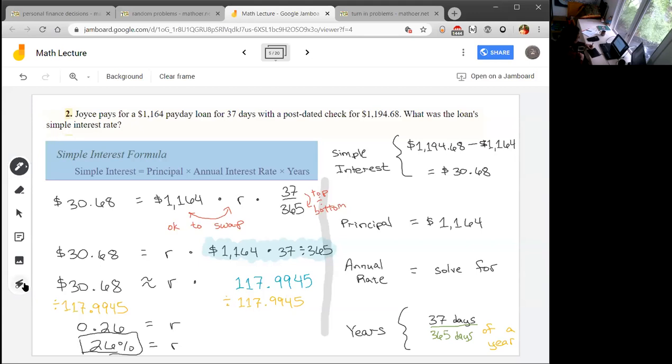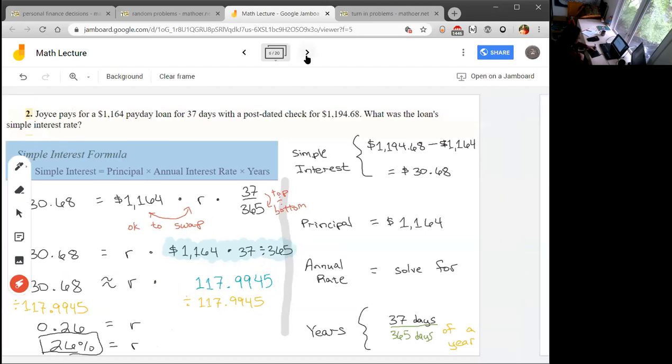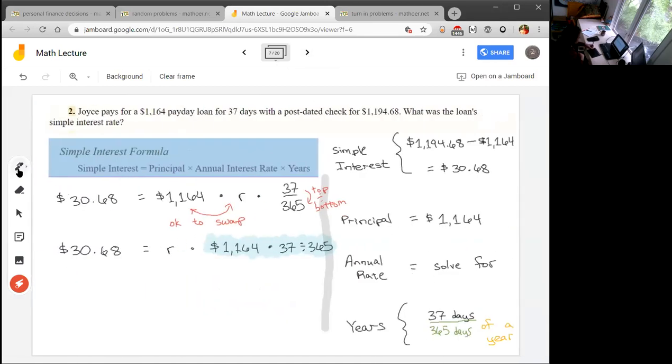Okay, so some people, as I was saying, think this is too much writing. They say, I don't care what 117.9945 really is. I'm just going to say whatever it is, I can divide by it because it's a number. So we'll divide this side by the 1164 times 37 divided by 365, and that will get rid of it.